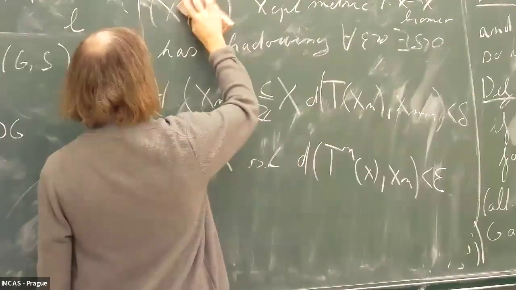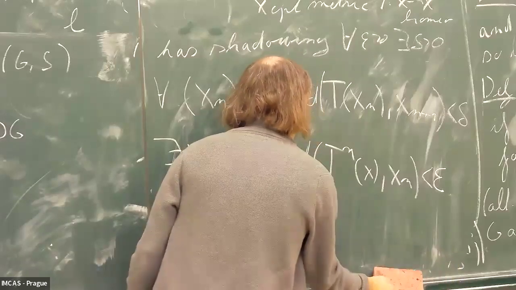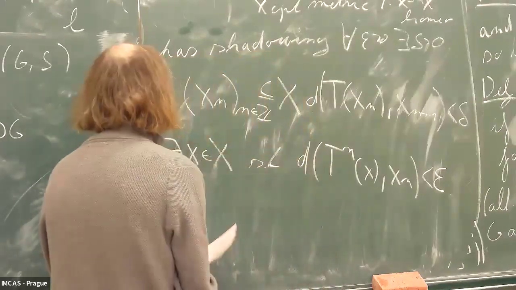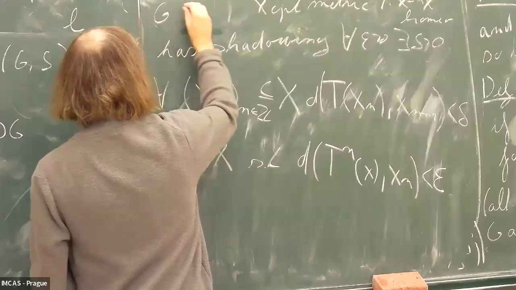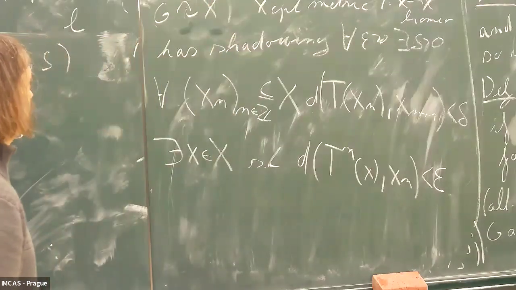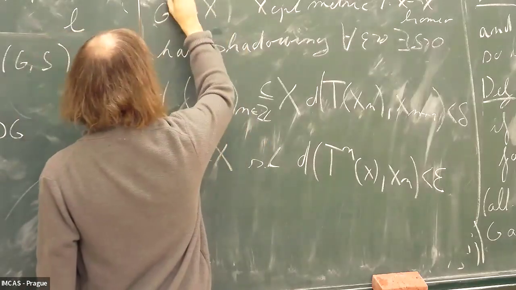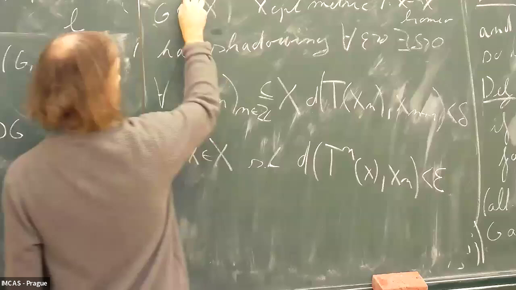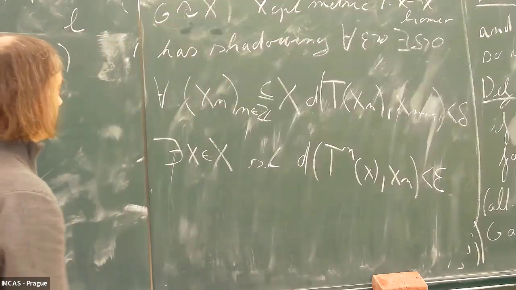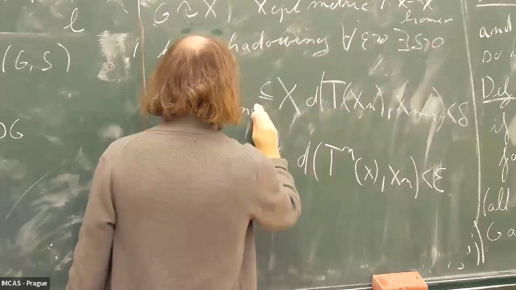So let's just do it now. I'm going to act on this X by homeomorphisms. Let's say that G is finitely generated by some finite set S. And then what this means, so these are the same.